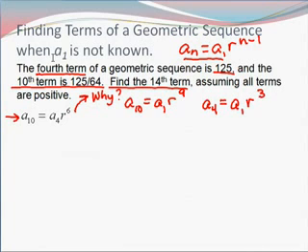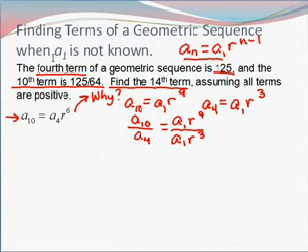Now if I take the ratio A10 to A4, so A10 over A4, that's going to equal A1 r to the 9th over A1 r cubed.